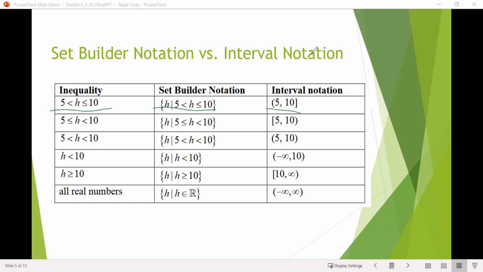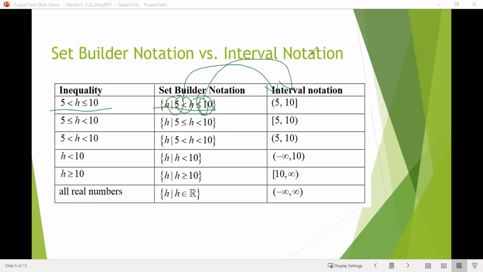Here we have a 5 and a 10, so those are our two endpoints. With the 5, it's just less than, no equal to sign, so that's just a parenthesis. And with the 10, it's a less than or equal to, so that's why we have the bracket. That gives us parenthesis 5, 10 bracket. And you can see how that works with the other ones.